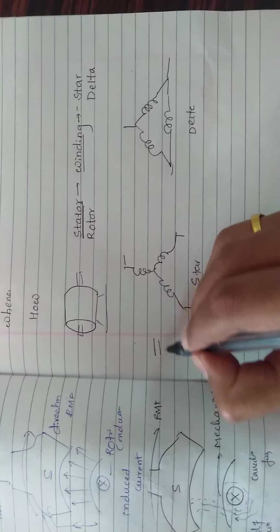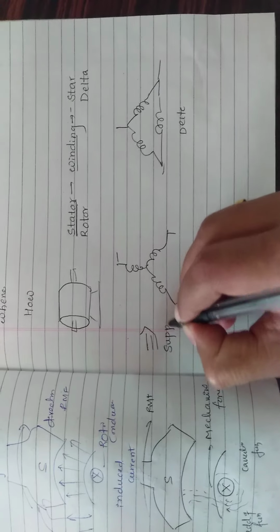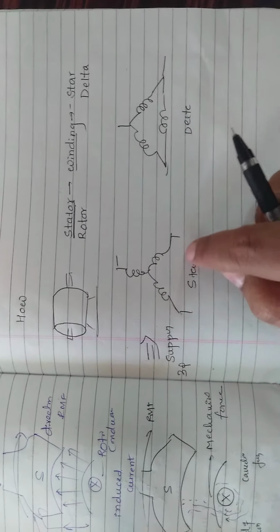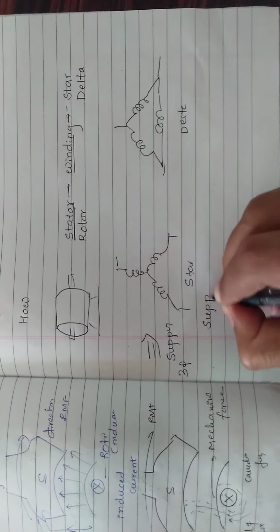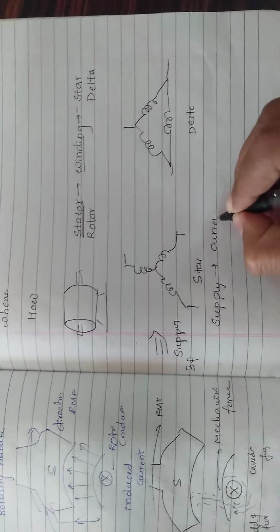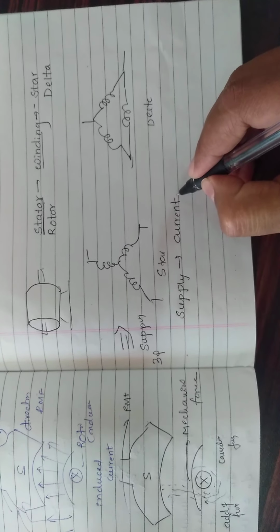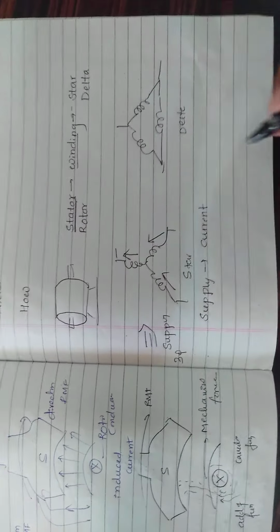Now, when you give three phase supply to the stator winding, what happens? Supply is given, then there is a current in the stator winding. Whenever you apply the supply, current starts flowing into the winding.